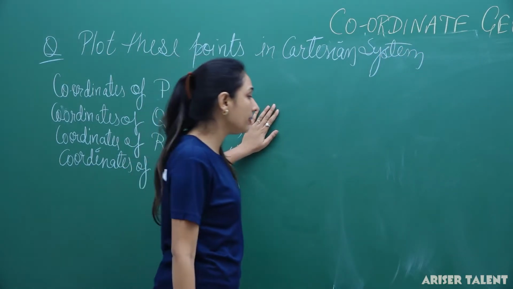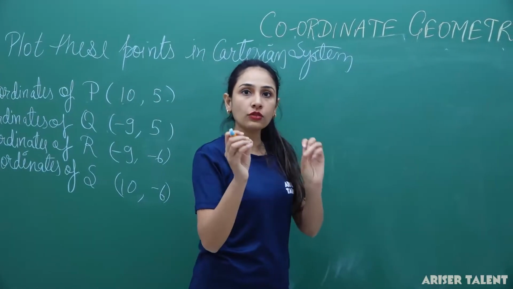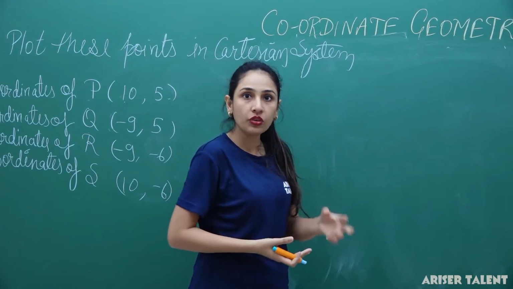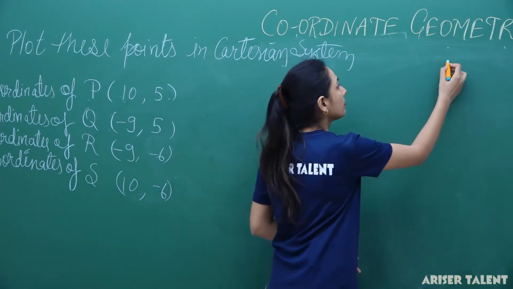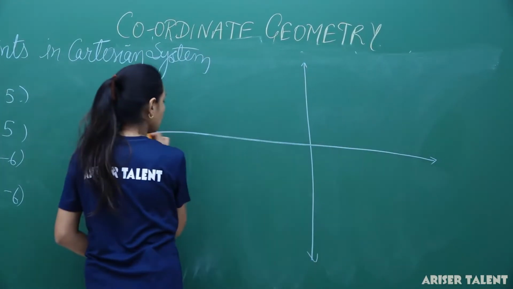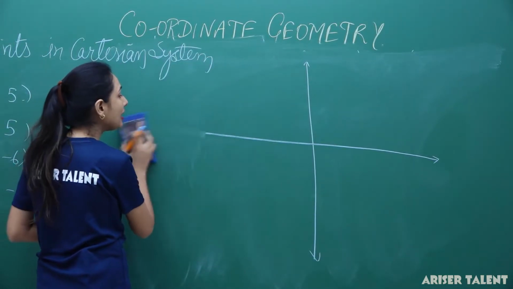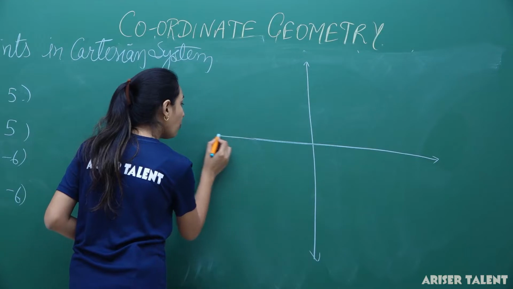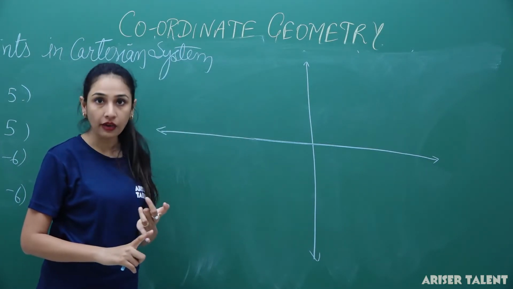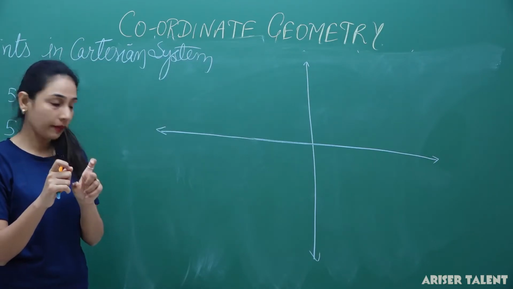Now how will you solve it? First of all, you have to draw the XOX dash axis and the YOY dash axis. That means you have to create your Cartesian system. Now I am just roughly making it, but you can either take graph paper or you can use your pencil and scale to draw it.